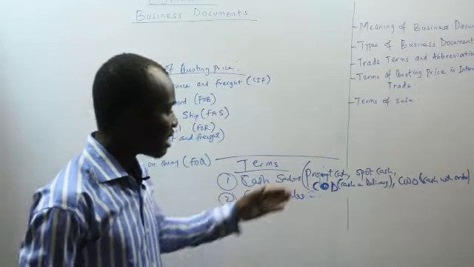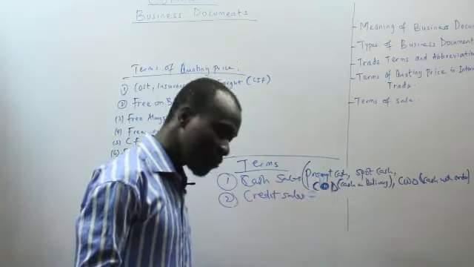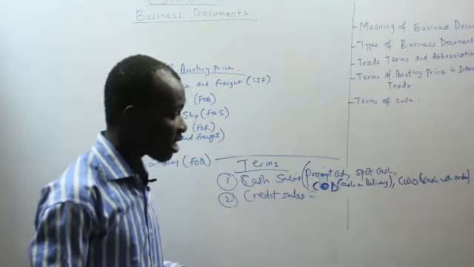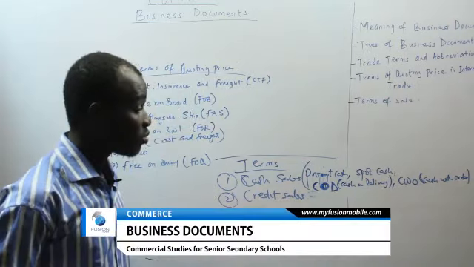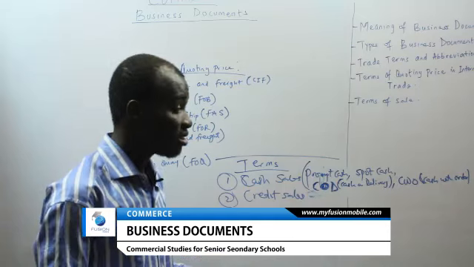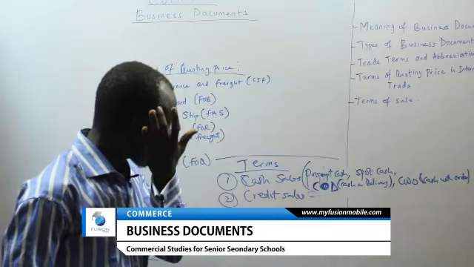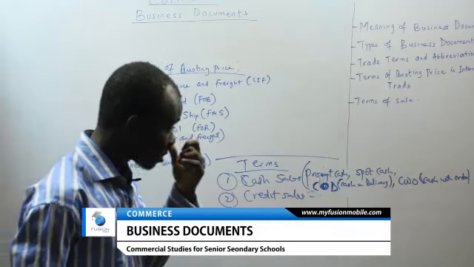So these are examples of the forms of cash sales we have: the prompt cash, the spot cash, cash on delivery, and cash with order. And also we are able to talk about credit sales.